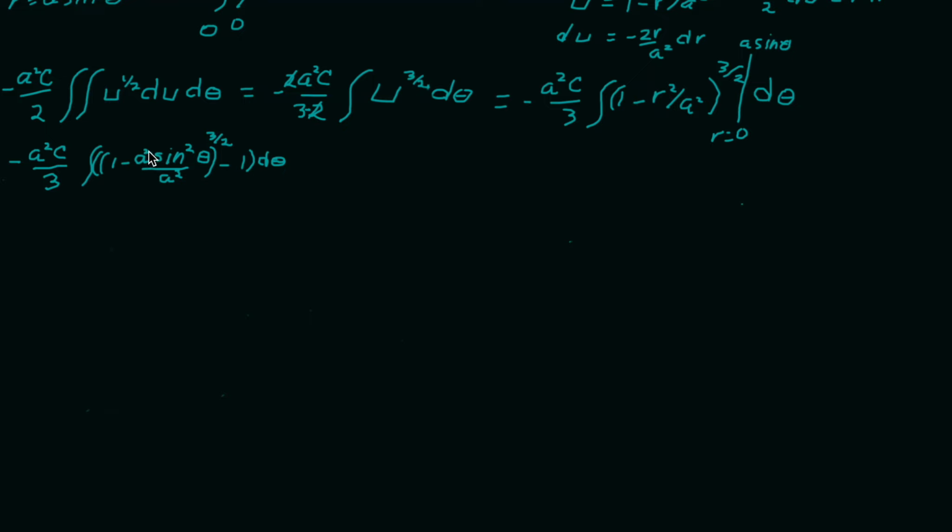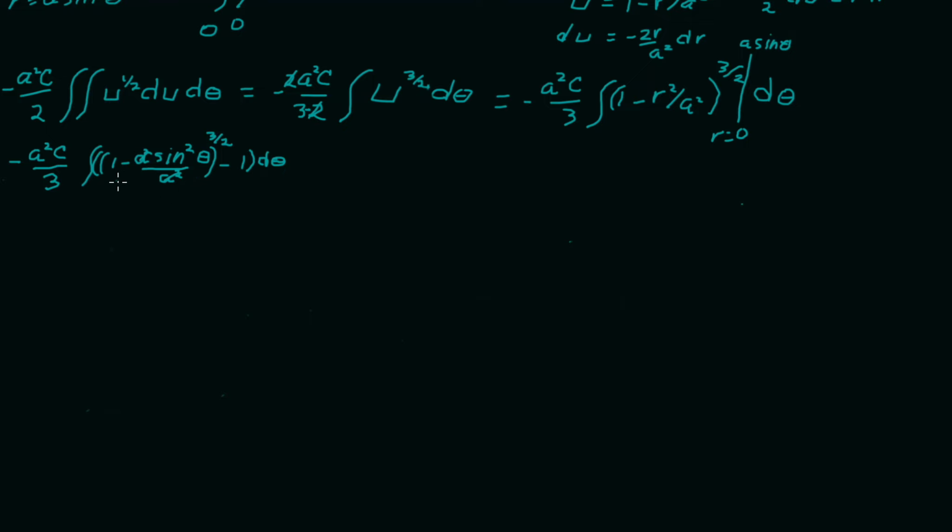We can cross out the a squared, both on top and bottom. And we're left integrating (1 − sin²θ)^(3/2) − 1. So how do we integrate this?